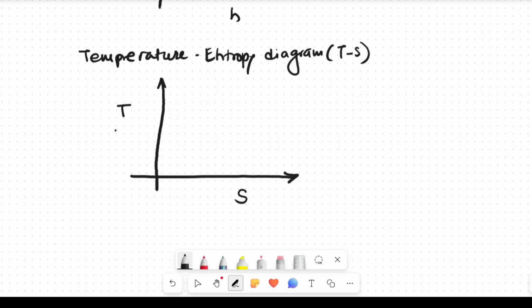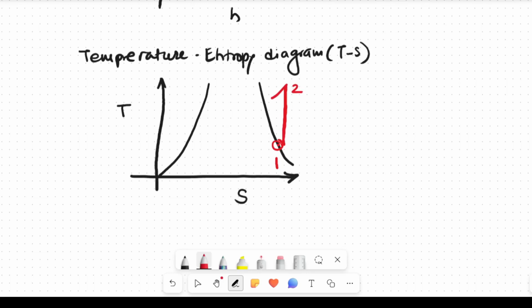Now, the temperature is given in degree Celsius or Kelvin. Understand that suppose this is the dome. The refrigerant is dry saturated at the end of evaporation. Now, we say that the process of compression is isentropic.